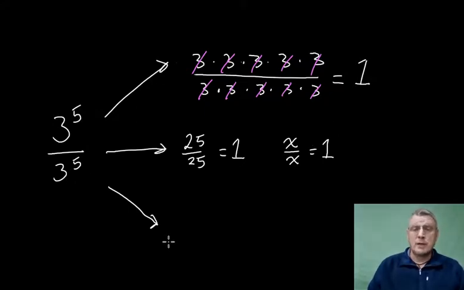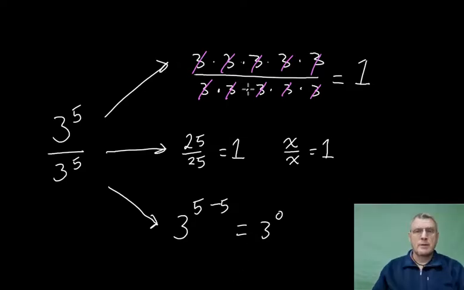But if we use the shortcut for the division property, we take the 3, which is our base, take the top number, or top exponent, which is 5, and I'm going to subtract the bottom exponent from it. So 3 raised to the 5 minus 5 power is 3 to the 0 power. So similarly, when we did the exponent of 1, we have 3 different ways that we can actually get the exact same answer.